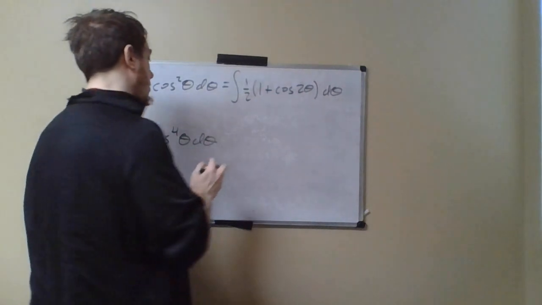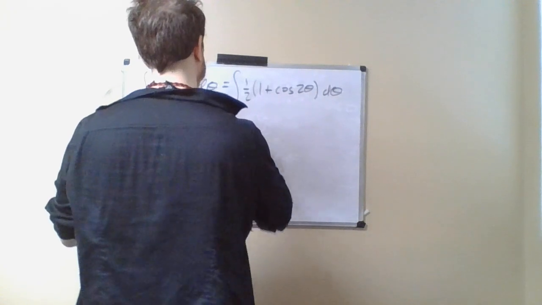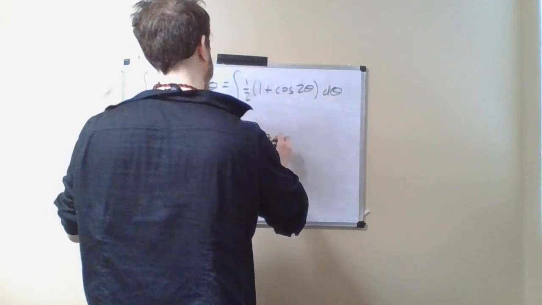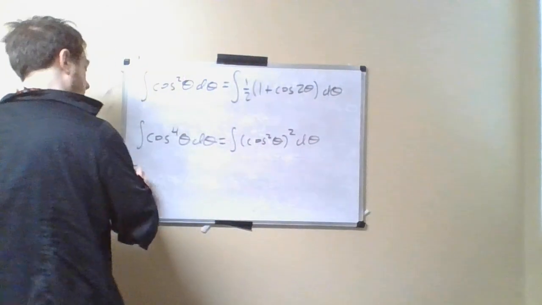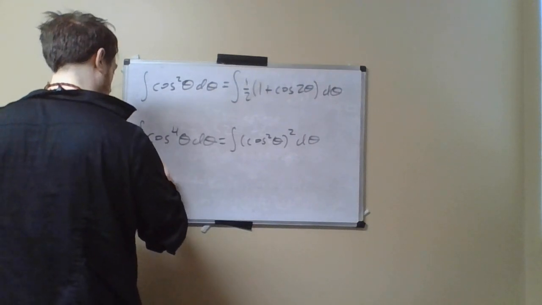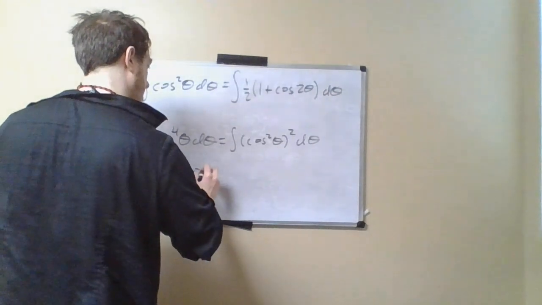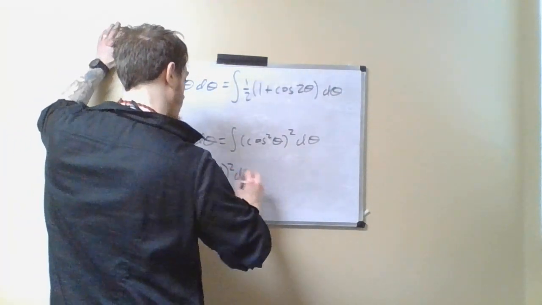Well, this time I'm going to say this is the same as the integral of cos squared theta squared. So that is the same as the integral of 1/2 times 1 plus cosine 2 theta squared d theta.